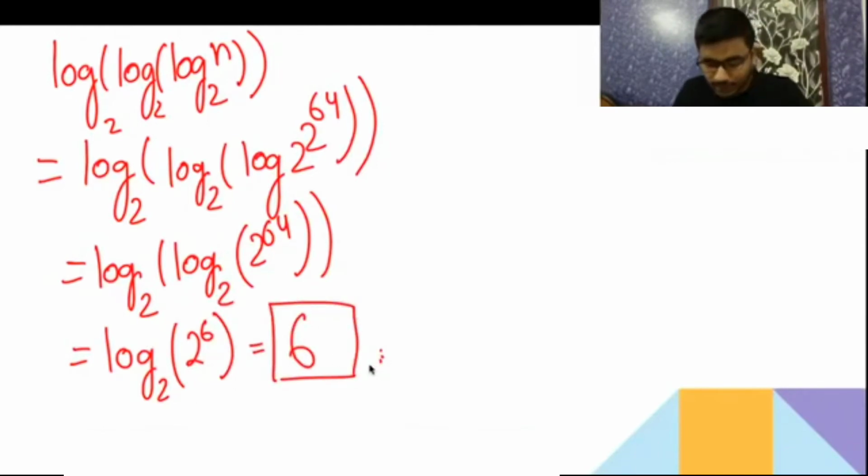Yes Himanshu, correct, very good. So root of log n is greater. Understood? Root of log n is greater. Am I clear?